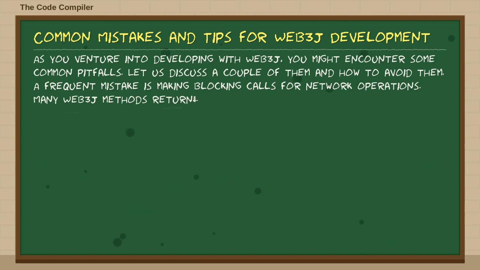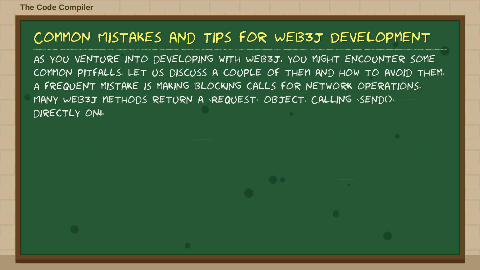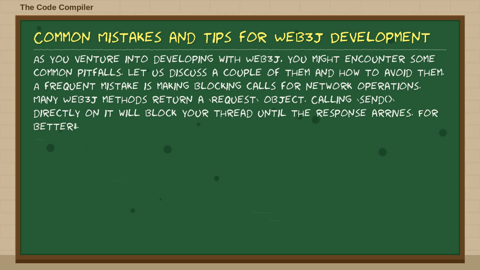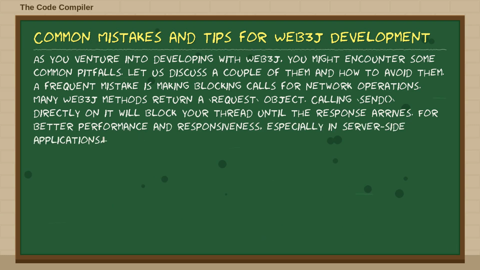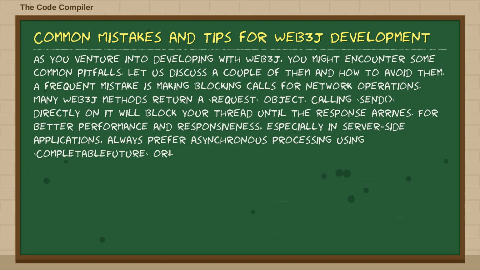Calling send directly on it will block your thread until the response arrives. For better performance and responsiveness, especially in server-side applications, always prefer asynchronous processing using CompletableFuture or reactive programming.